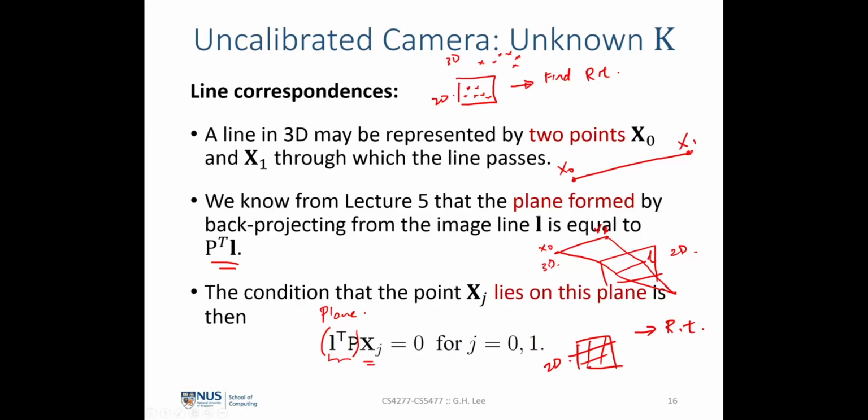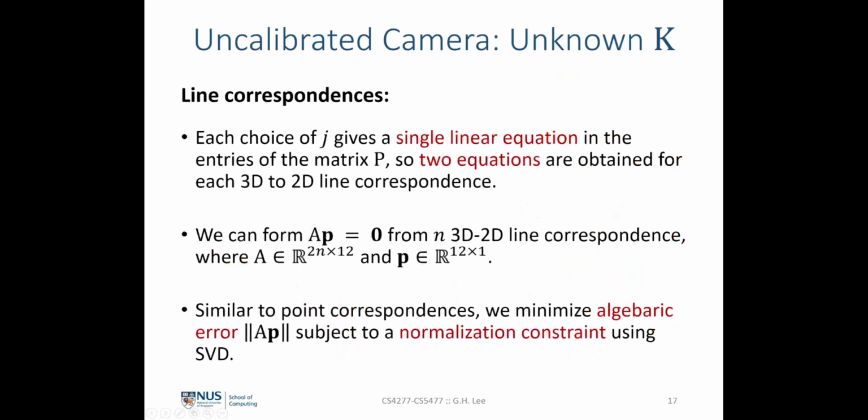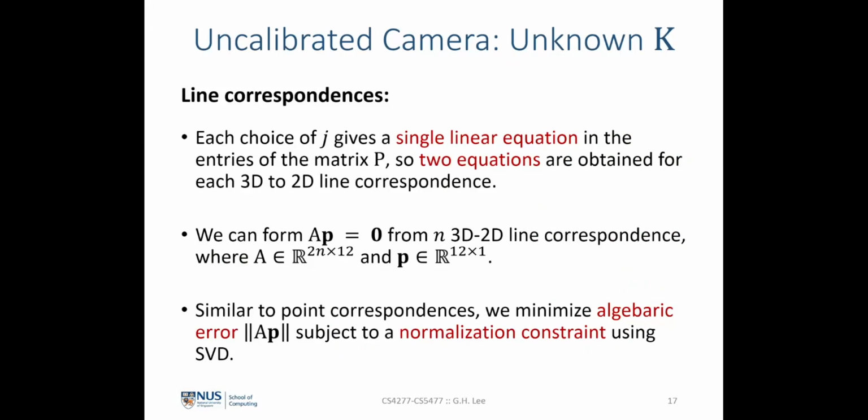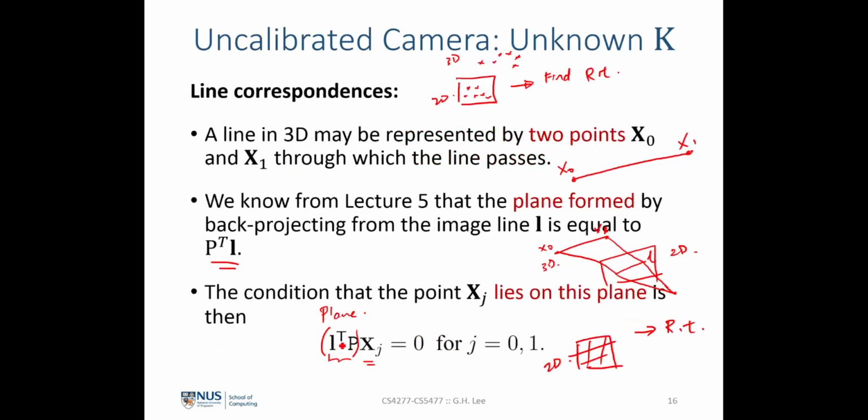And now, since we get this equation over here, what we can see is that each choice of j, which means each choice of the two 3D points that are used to represent the line, would give us a single linear equation in the entries of P. So we'll get this equation where L, the 2D line, and the 3D point that represents the 3D line are known values, and the unknown is P over here.